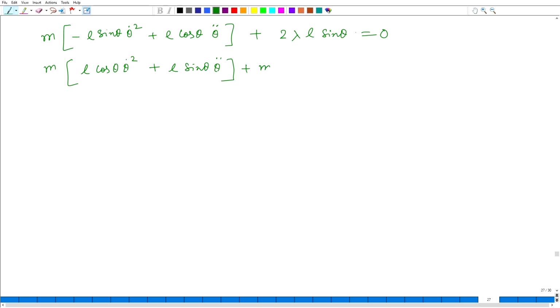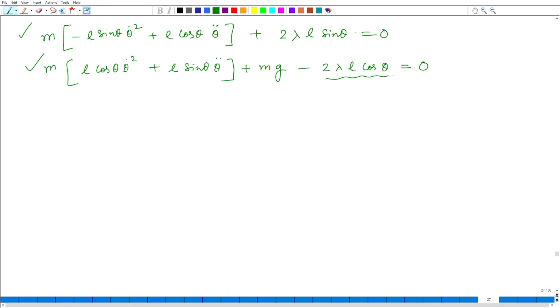Then you have here mg, that is the difference between the x direction and the z direction, and you will have 2 lambda L cos theta, okay, is equal to 0. Now, here again it should be minus. So, I just write because your z is minus L cos theta by convention.